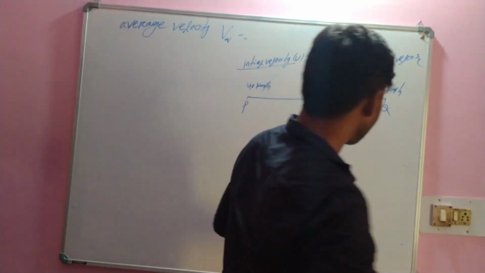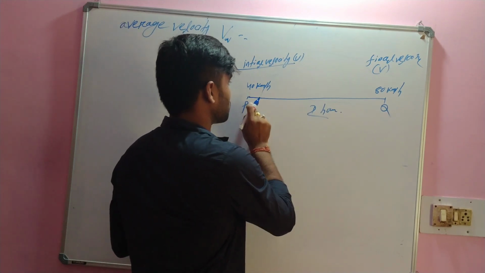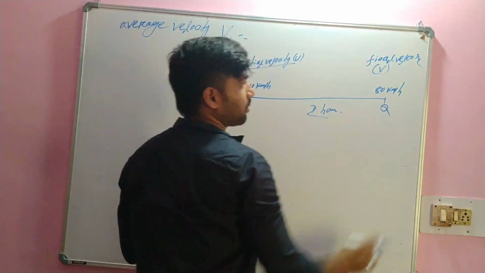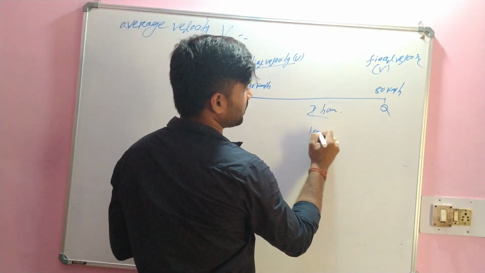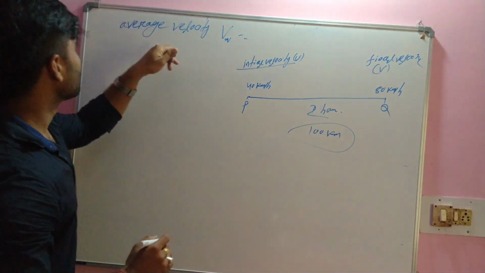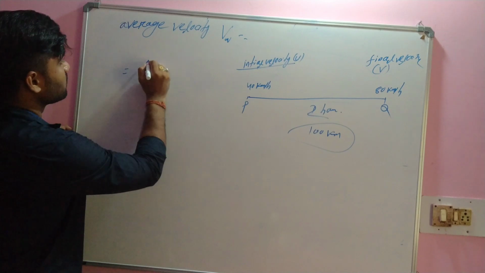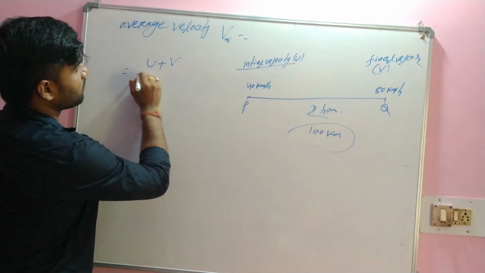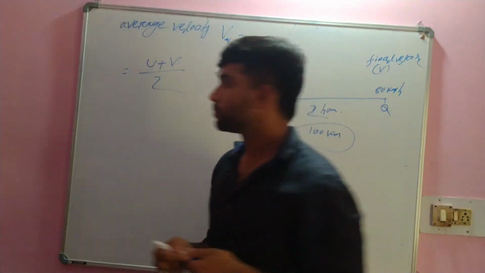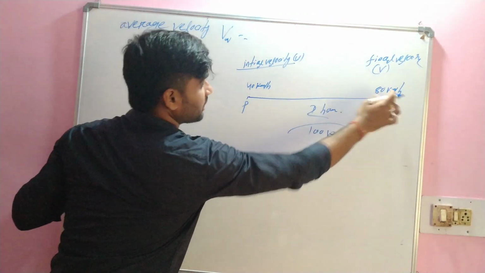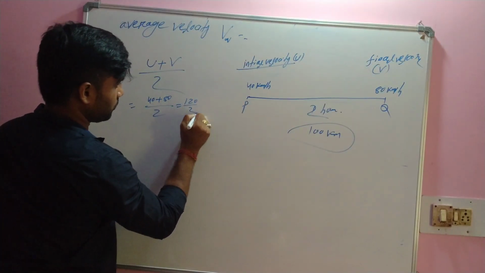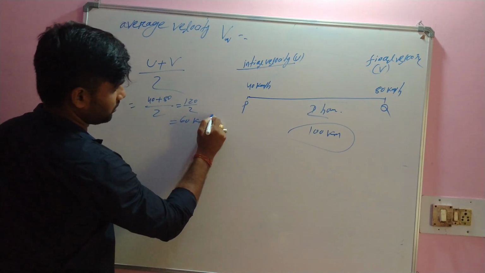So what is the average velocity? Average velocity means initial velocity plus final velocity divided by 2. 40 km and 80 km: 40 plus 80 is 120, divided by 2, which is 60 km per hour.